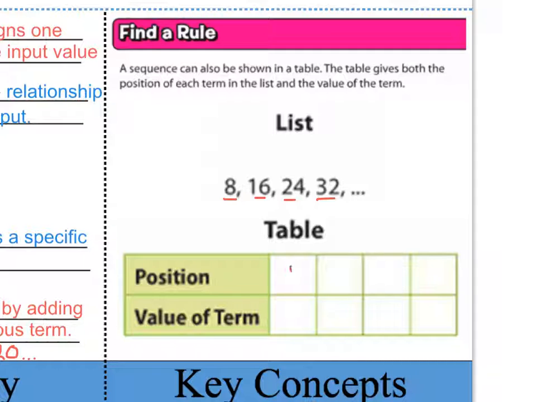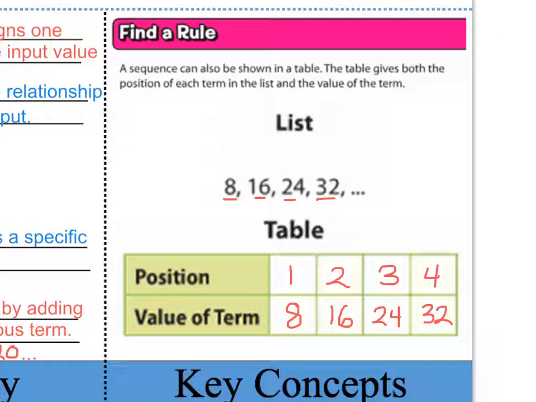The first day I would have $8 in my bank account. So in the first position I have $8. The second day I have $16. The third position, or the third day, I have $24, and the fourth position, or the fourth day, I would have $32. So all I did was I organized my arithmetic sequence of numbers and I put them in a table.